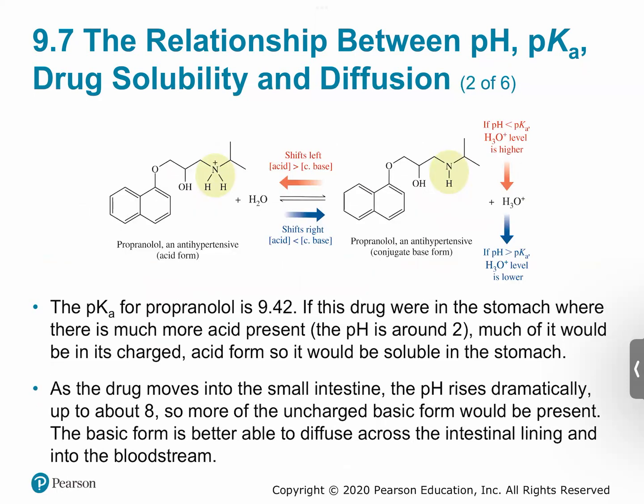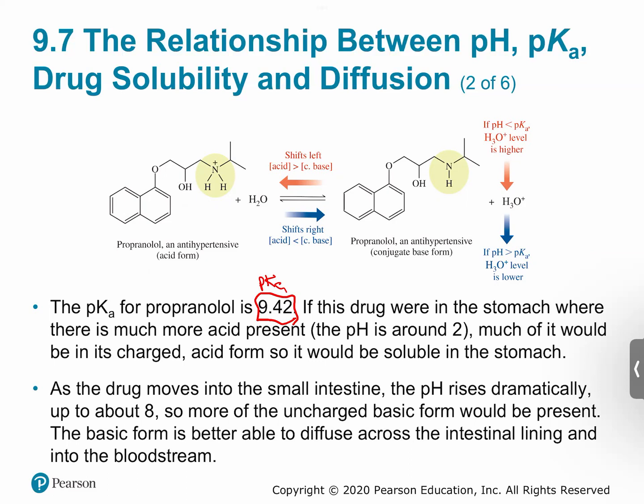Okay. So we're looking at propranolol again. So the pKa is 9.42. That's the pKa. So if this drug were in the stomach where you have an acidic environment, it's going to be in its charged form, right? So there's different forms for that drug, and it's going to be in its charged form.